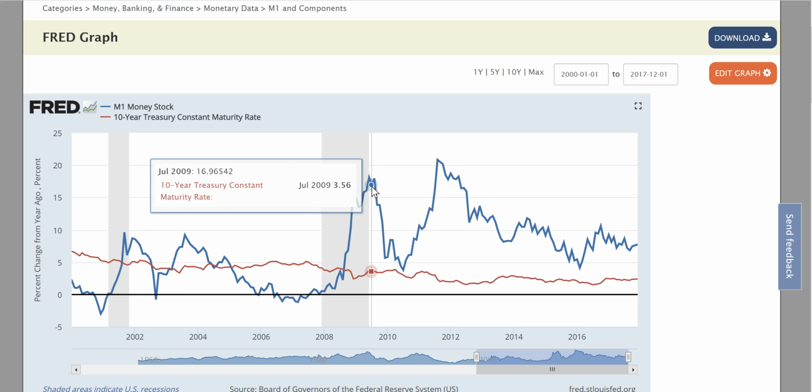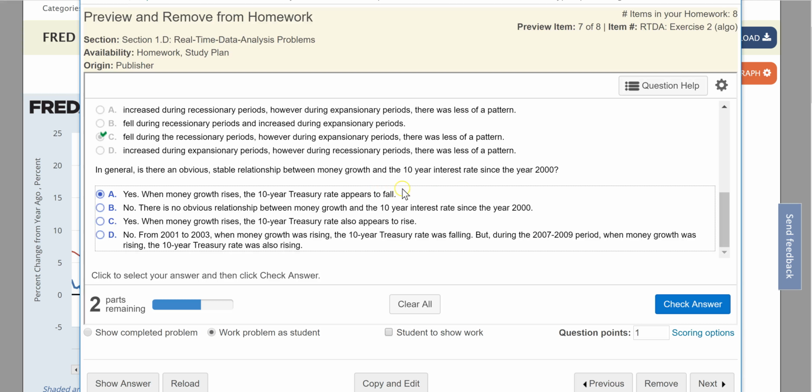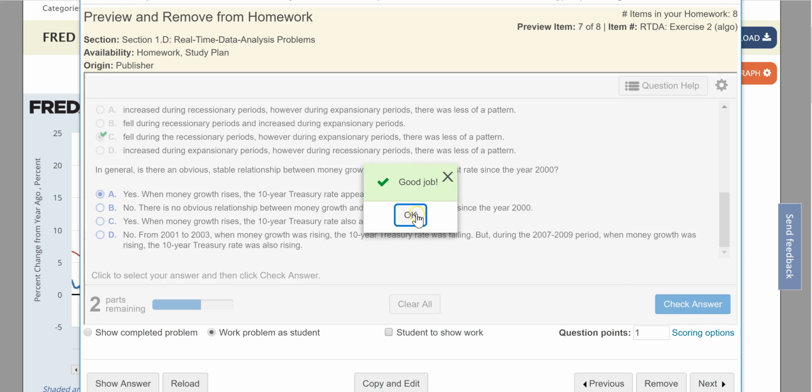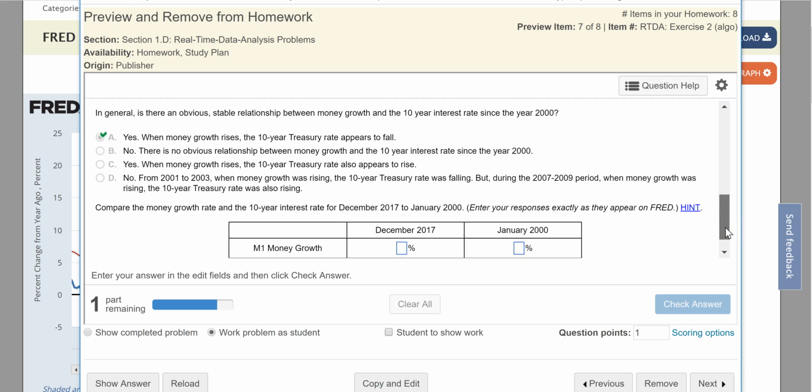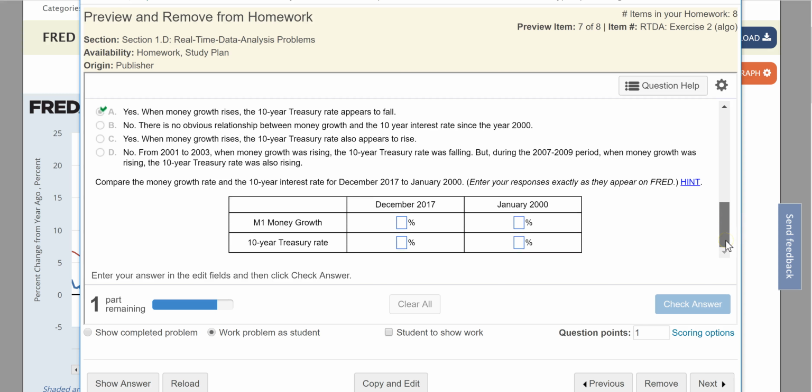Only during the other two was there no pattern, so A could also be correct. So both A and B can be correct in this case. If you choose either of them, I will count your points for that part of the question.